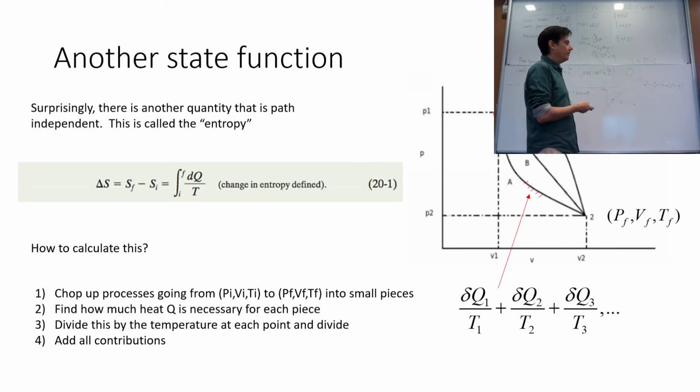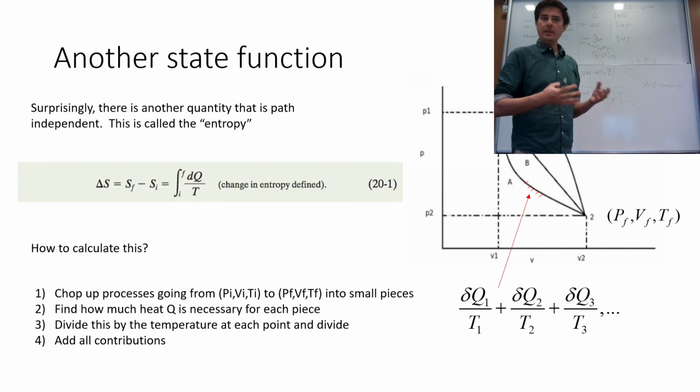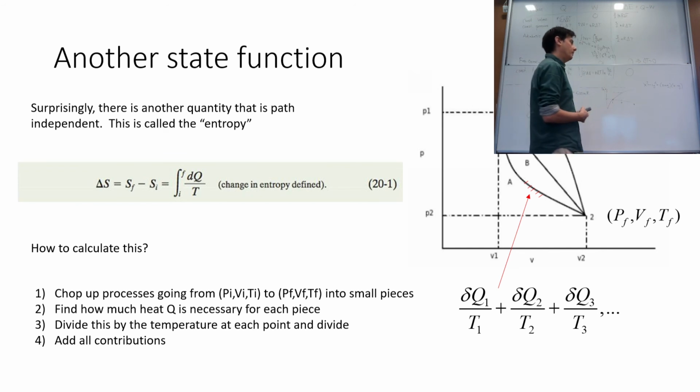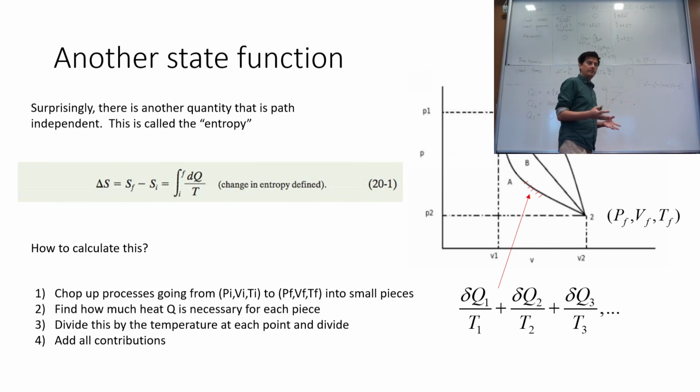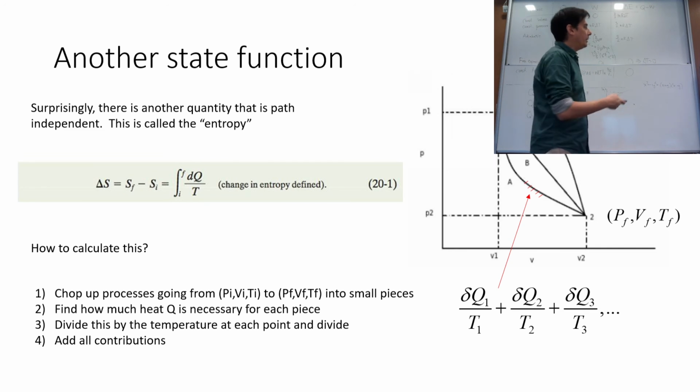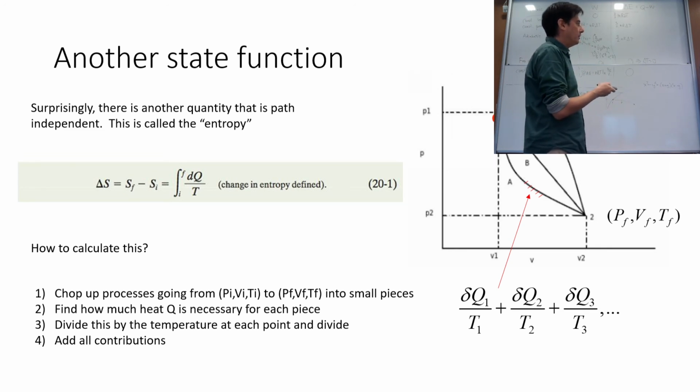Okay, and then when we go from this one to just slightly along path A, some heat might go in or out, right? So we measure that heat, okay? And then we keep on doing that. So we chop this into another piece, going from just a little bit here to over here.